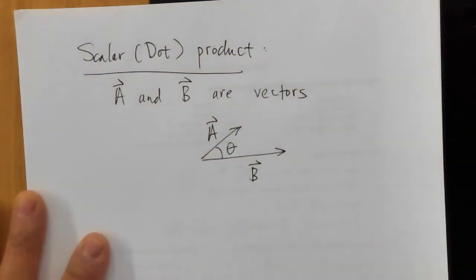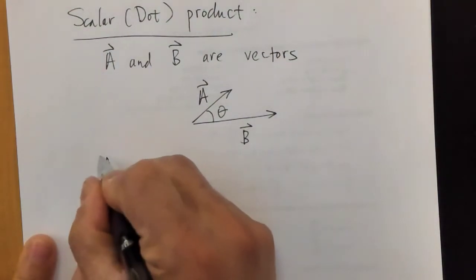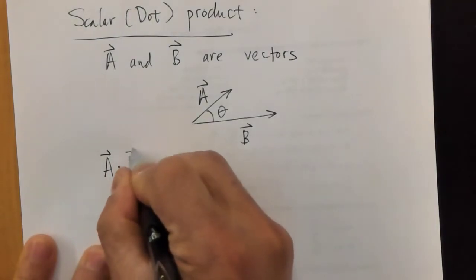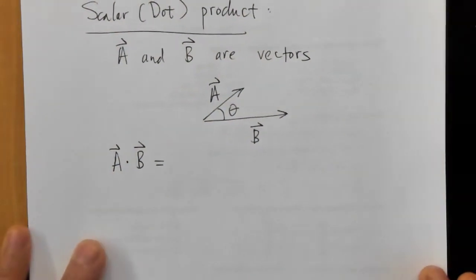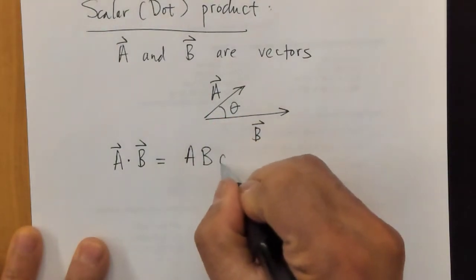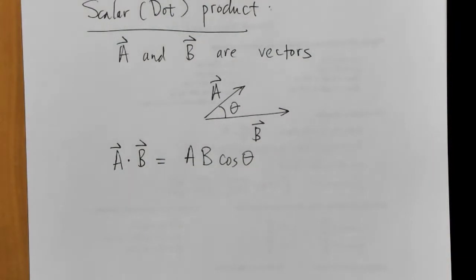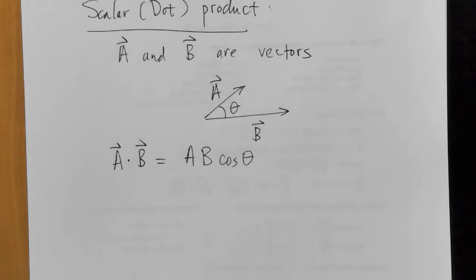There's an angle between them. A dot B is the scalar or dot product, and the formula we had is the magnitude of A times the magnitude of B times the cosine of the angle between the two. Everybody good with that?